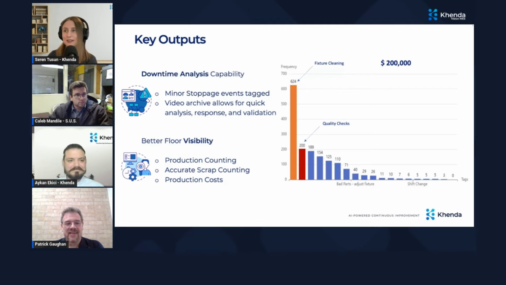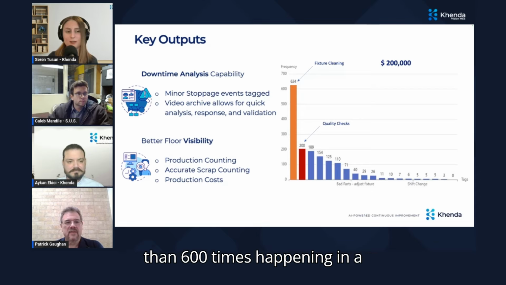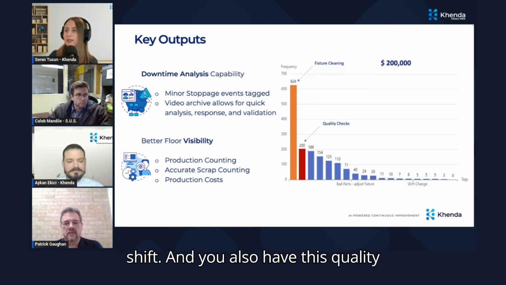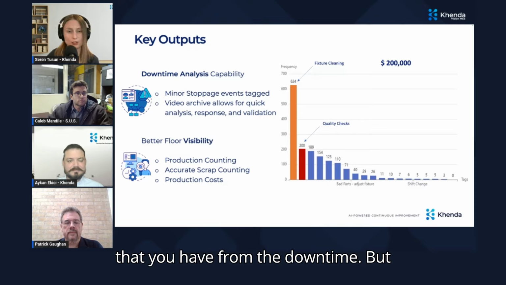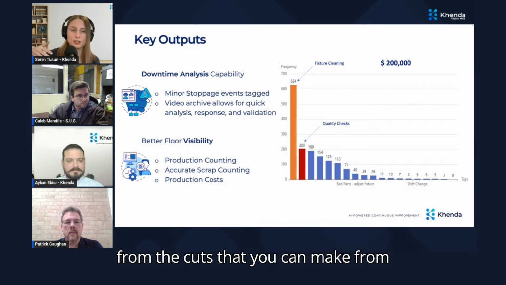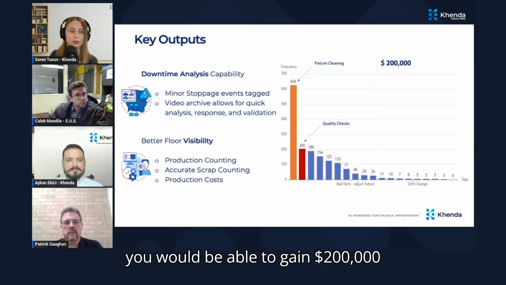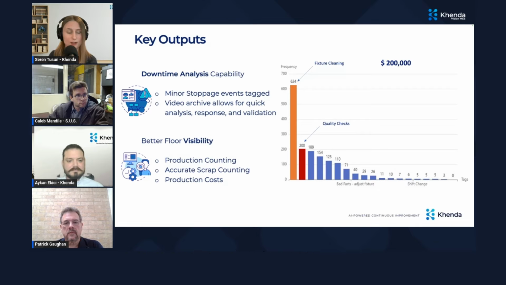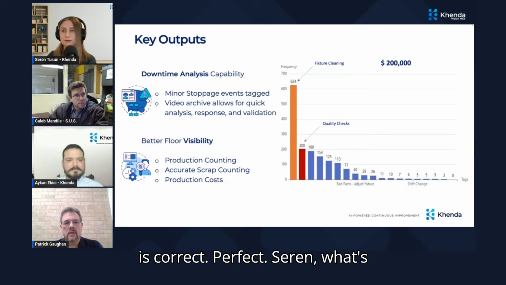So fixture cleaning happens more than 600 times in a shift, and you also have the quality checks and other root causes from the downtime. But without even coming to the other ones, only from the cuts you can make from the fixture cleaning and quality checks, you would be able to gain $200,000 for that machine only, right? Yes, that is correct. Perfect.